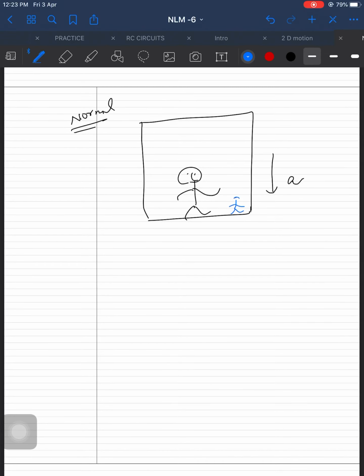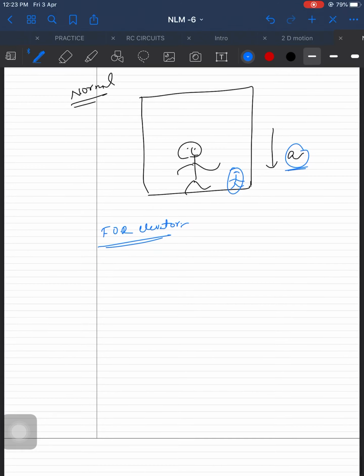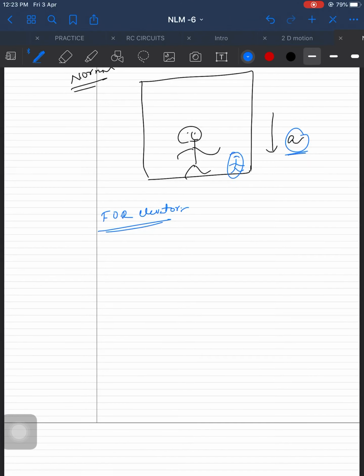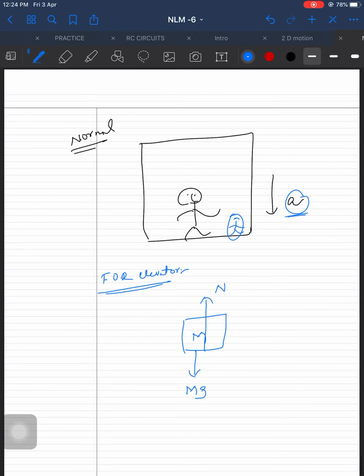Again we are considering the elevator as our frame of reference. This is a non-inertial frame of reference. When we consider a non-inertial frame of reference, the pseudo force acts. The mass of the man is m. Let's calculate the forces: normal, and the force mg.